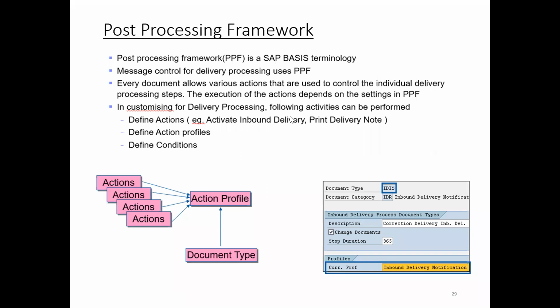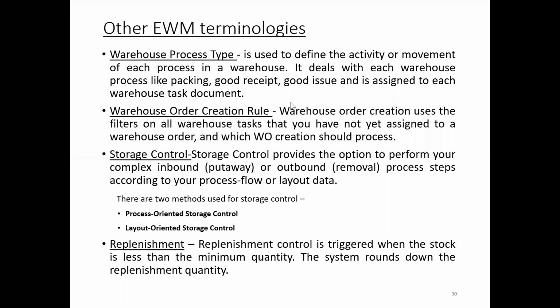So these are the other EWM terminologies. You have the warehouse process type, that is equivalent to the movement type in the ERP. Then you have the warehouse order creation rule. Warehouse orders are created based on the rule, and accordingly it will be assigned to the operator to carry out the subsequent warehouse processes. Then the storage control, we already talked about process oriented storage control, where after the goods receipt it is going to the counting, then quality inspection, then deconsolidation, and then finally into the bin.